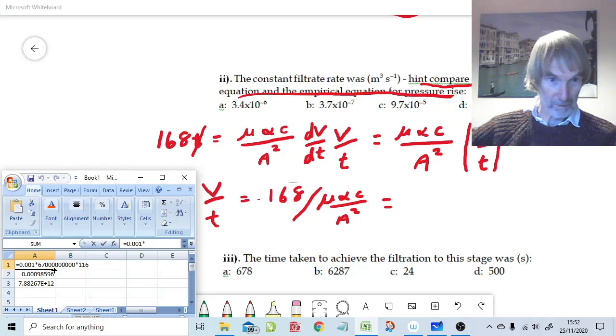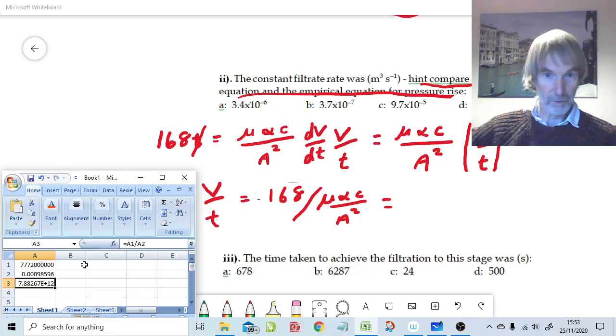Then we have the specific resistance, which is 6.7 with all those zeros after it. And then the dry cake mass per unit volume of filtrate at 116. So that's been calculated on the top line there. That's just the area squared, and then that is the top line divided by the area squared.